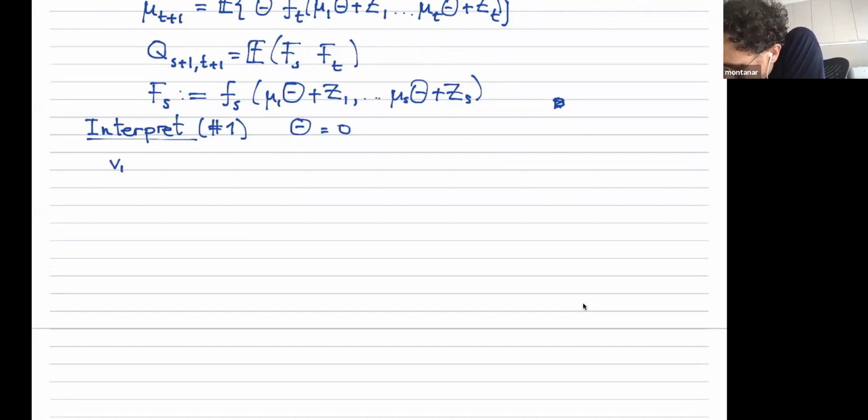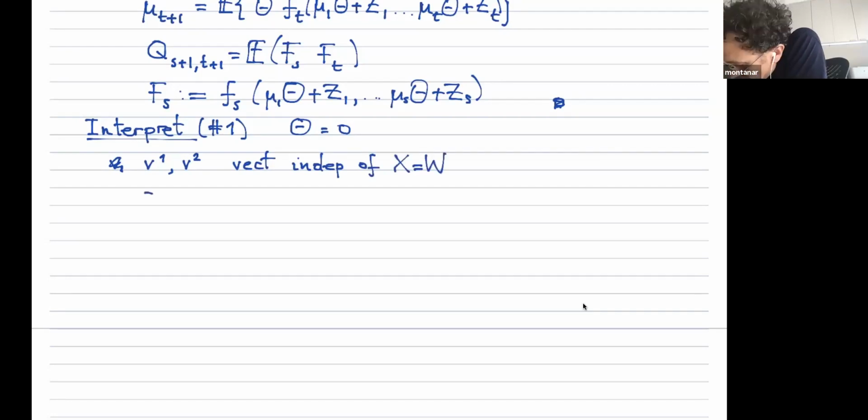Take two vectors v1 and v2 that are independent of x, that in this case is equal to w because theta is 0.